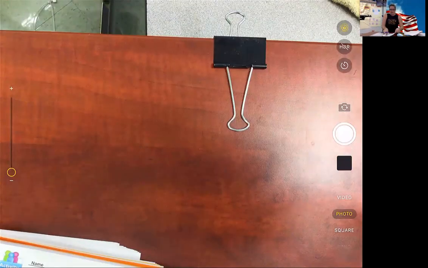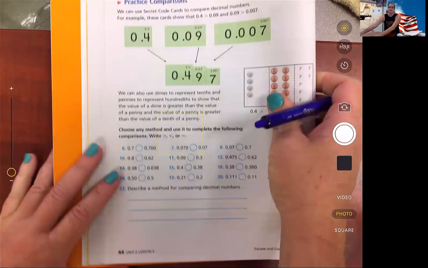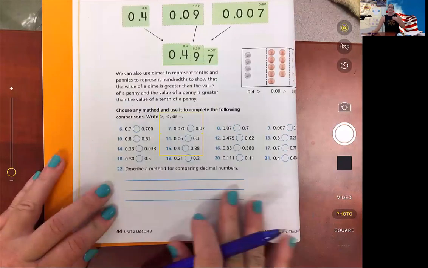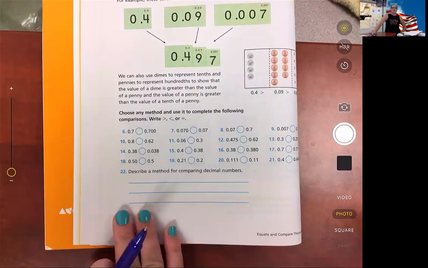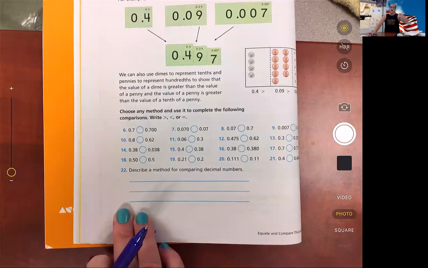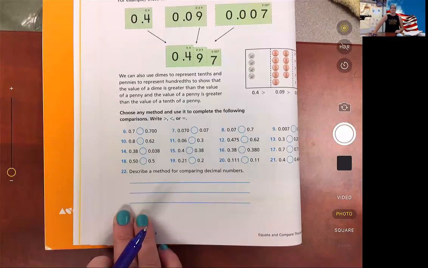All right, let's take a look at the back side. We are going to skip the top part and move down to number 6. Number 6 is comparing with greater than, less than, equal. Here is my advice, my hint: when you're comparing decimals, I want you to stack one on top of the other.